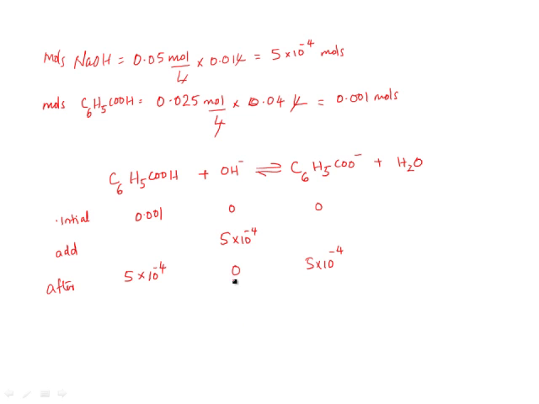So the benzoate ion, what will be the dissociation if you write the benzoate ion? C6H5COO minus dissociating to C6H5COOH and, I didn't include water.